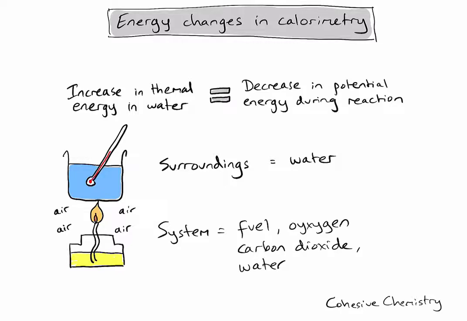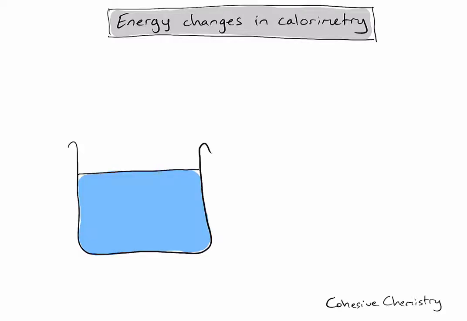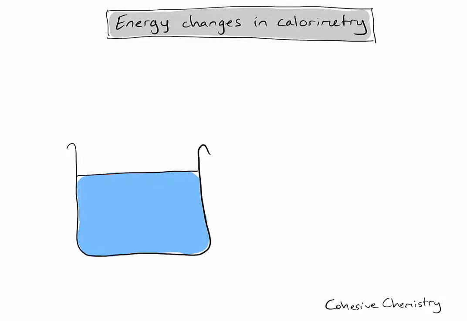Let's now look at a second common example in chemistry. In this example, let's consider a chemical reaction that's occurring in a solution. So there's my beaker of water, and let's add some reactants. We'll make them all yellow for simplicity, and the products, which we'll make red.